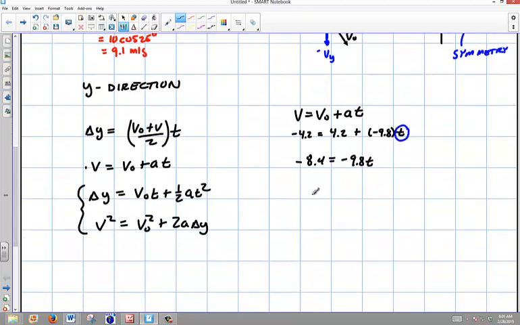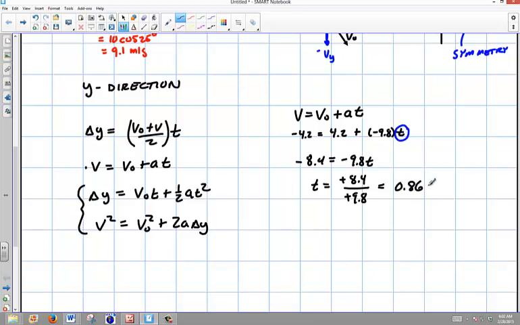And then when I solve for the time, I'm simply going to get negative 8.4 over negative 9.8. And now you see what happens to the negatives. The negatives will actually go away. And I'm actually going to get a physical value for time. And when I say physical value, I mean just a real number, right? Because sometimes we can get negative numbers for time when we're dealing with a quadratic equation.